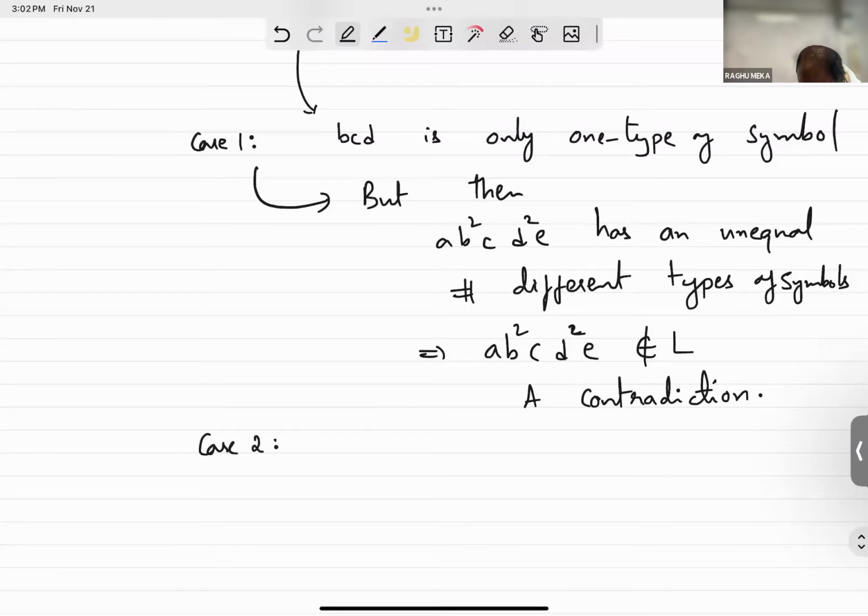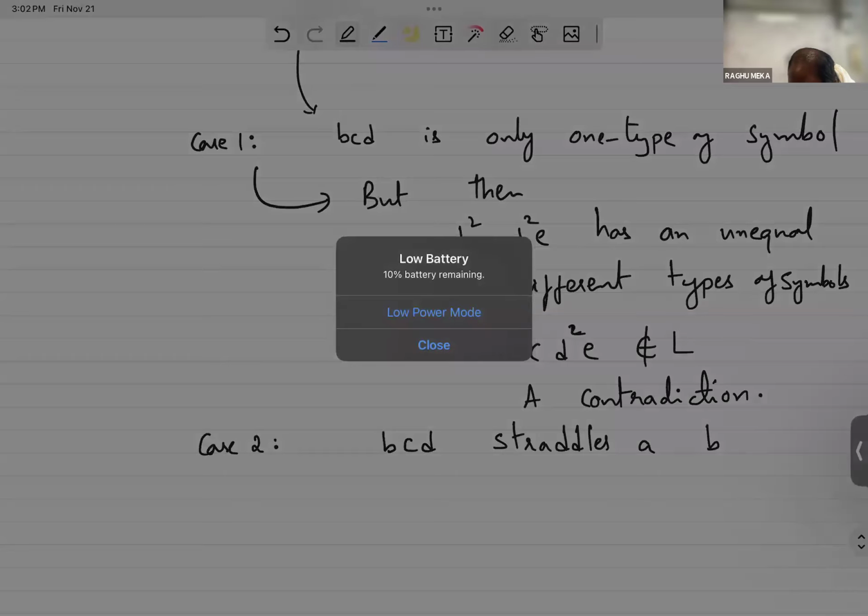Case 2, I have B, C, D straddles a boundary.